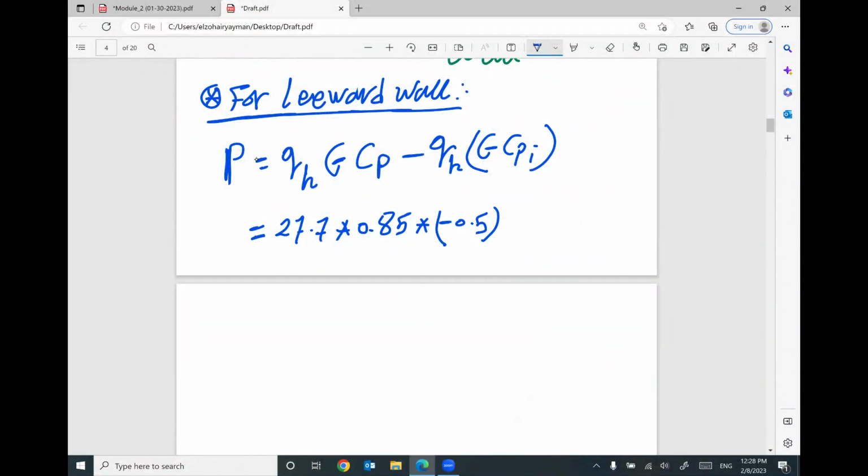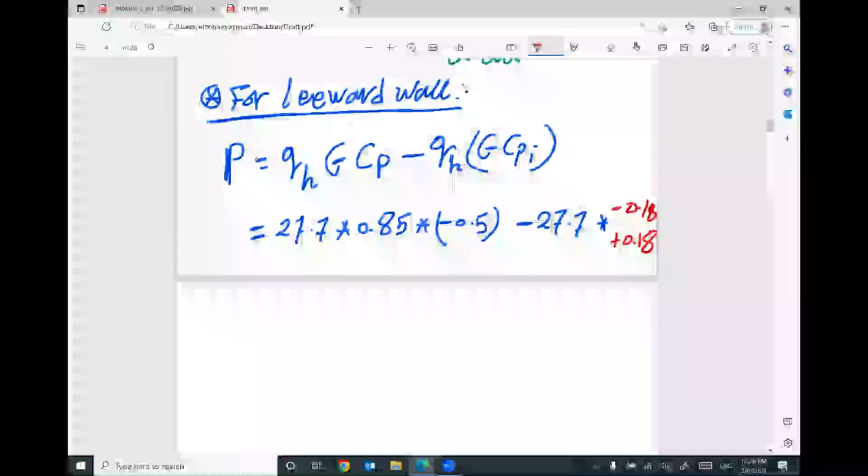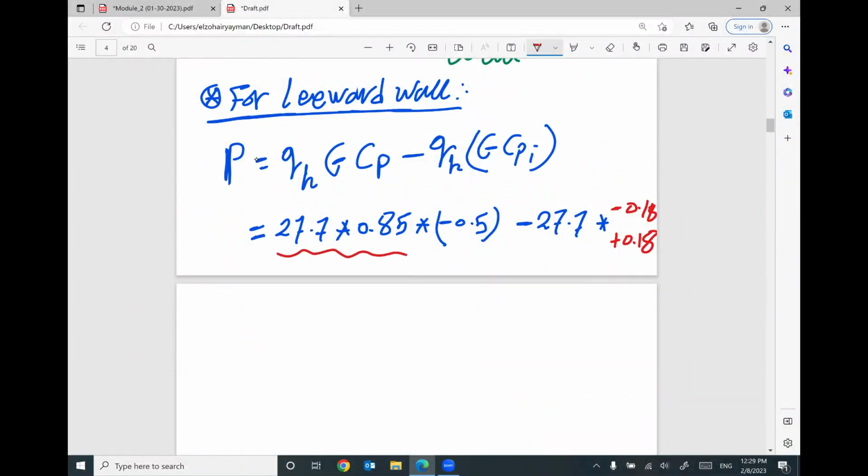Minus QH, 27.7, times. We have two options here. We can use negative 0.18 or positive 0.18. What do you think? Which one will give you the biggest value? Keep in your mind, the first term will be negative because we have negative 0.5.